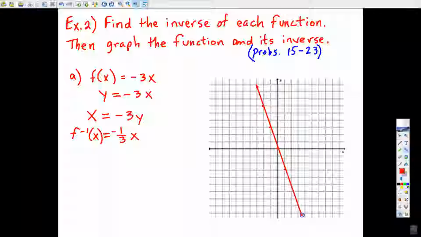Okay, so this is the graph of the function f of x. Just label it like this. And then maybe in blue we'll do the inverse.